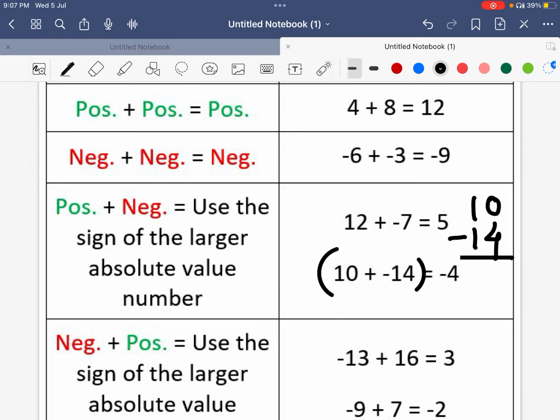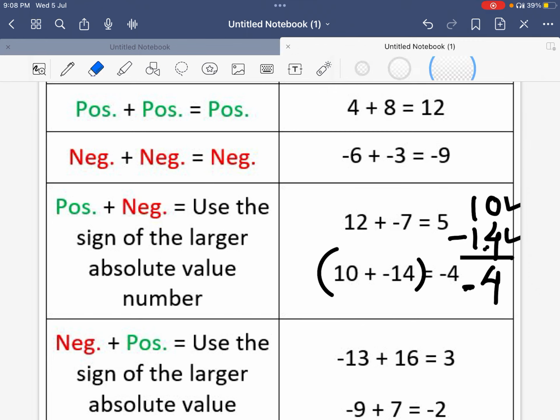We are unable to subtract 14 from 10 directly, so we subtract the smaller from the bigger. 14 is bigger, so subtract 10 from 14. Your answer is 4. Similarly, put the sign of the bigger term. Here 14 is the bigger term, so write minus 4. Clear? Likewise, we have to solve.